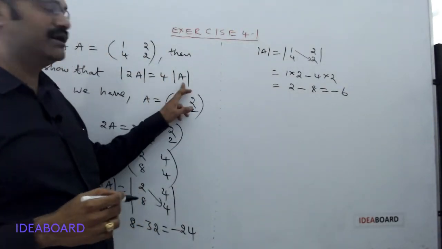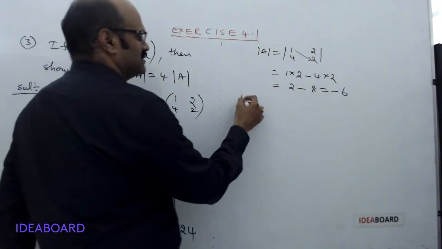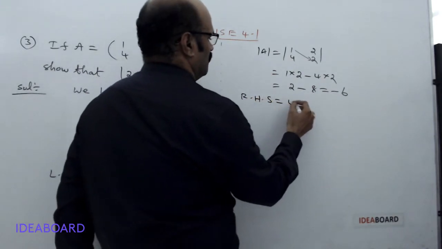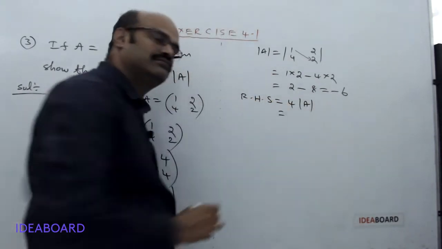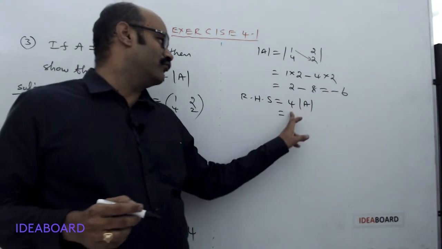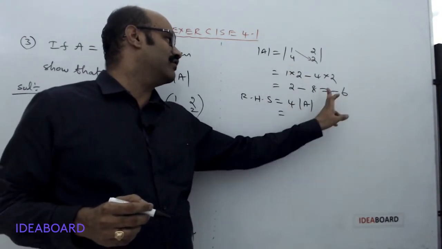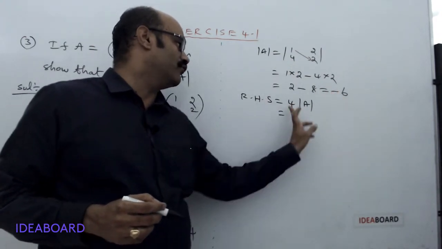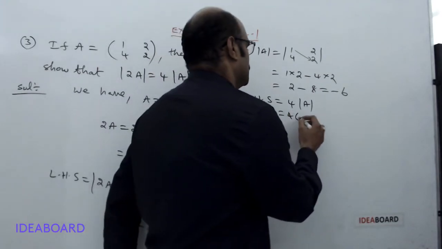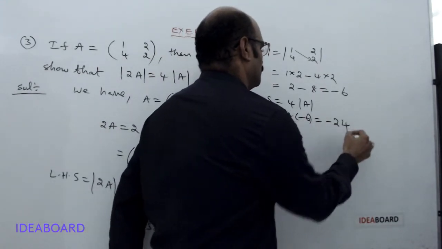Here we have 4 into det A. RHS equal to 4 into det A. So 4 into minus 6 equal to minus 24.